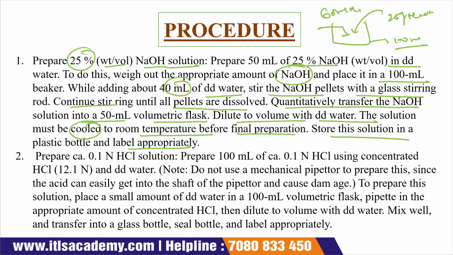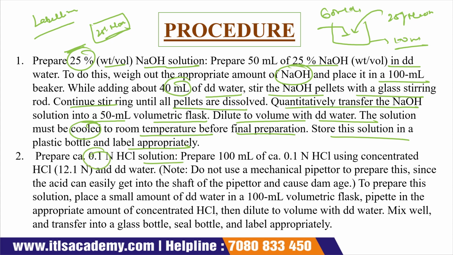See, when you prepare a reagent in a lab, one thing you have to take care of is labeling. Suppose you are preparing this 25% NaOH, you have to write down 25% NaOH.